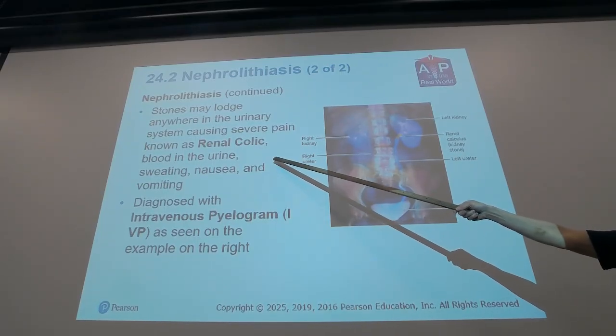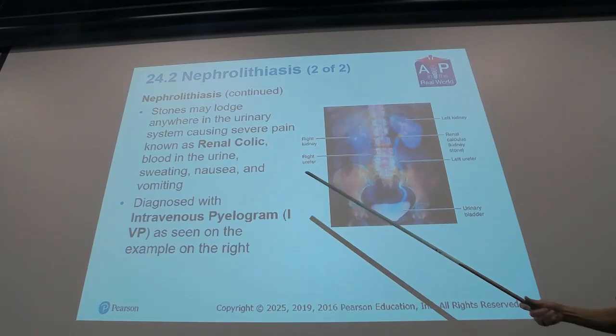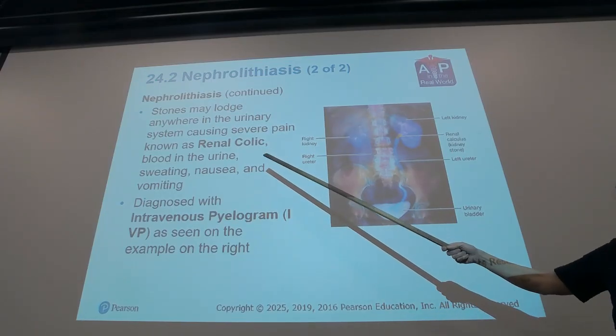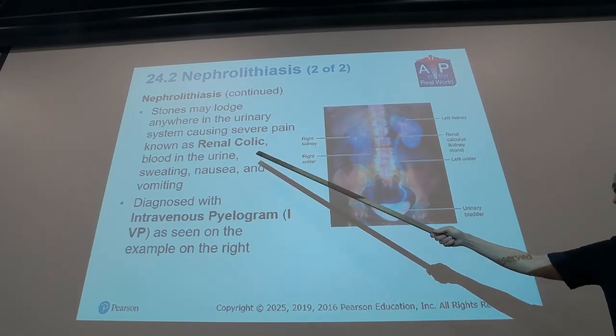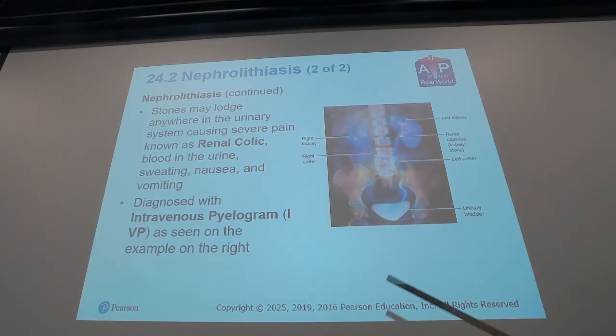The pain is very strong, and the person might have sweating, nausea, and vomiting. And if there is damage to this internal epithelium and then down into the submucosa, the person will have bleeding, so the person will have blood.